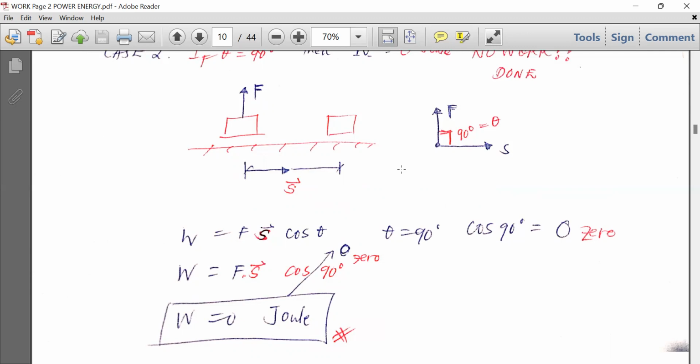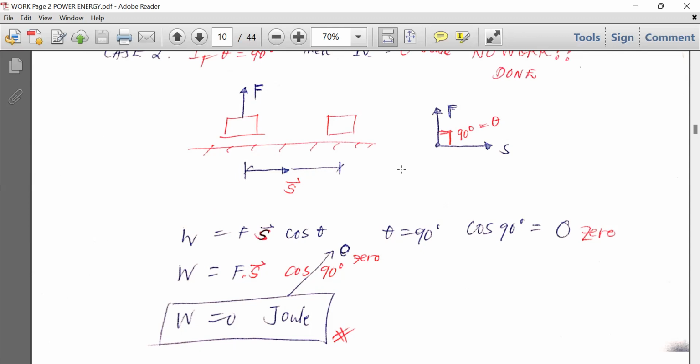The applied force is upwards, and the displacement is also upwards. That means the force on the box and the displacement are in the same direction. So we say that when you lift the box, there's work done, because the theta between the force and the displacement upwards is equal to 0. So cosine of 0 is 1, and work is F times S, positive work done.